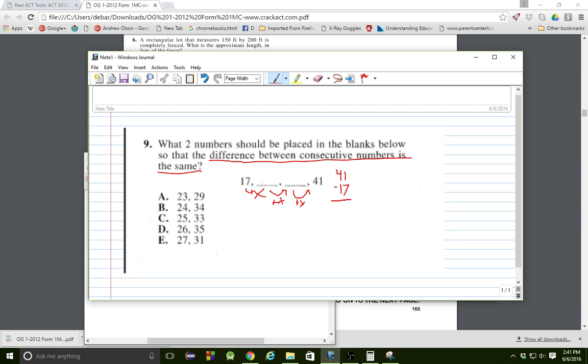41 minus 17. And typically I like to use a calculator because I'm lazy like that, but who cares? 11 minus 7 is 4. 4 minus 1, that's 2, so that's 24, right?